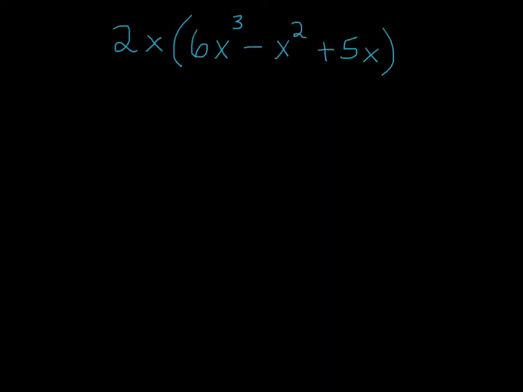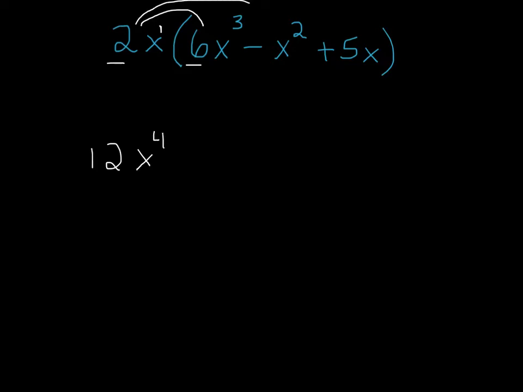Alright, so here is example 2. 2x is the monomial, and we multiply by the polynomial 6x to the 3rd minus x squared plus 5x. So 2x times 6x to the 3rd, 2 times 6 is 12. And then x times x to the 3rd, remember x technically has exponent 1, so this would be x to the 4th power.